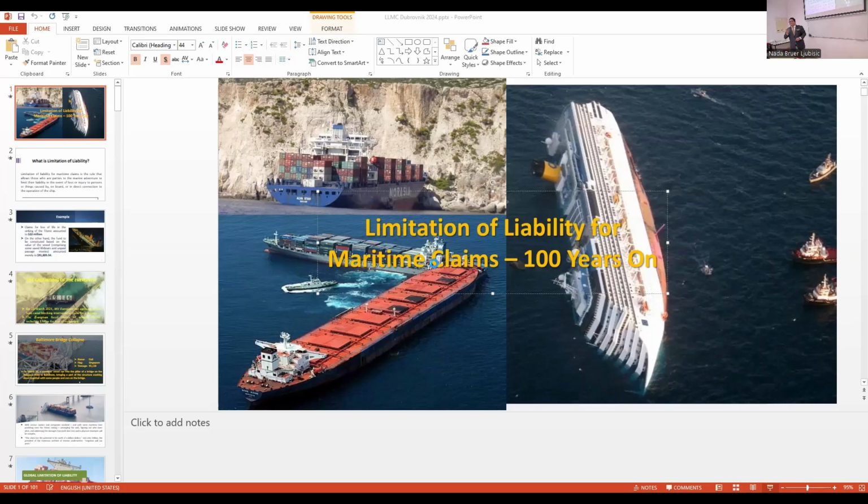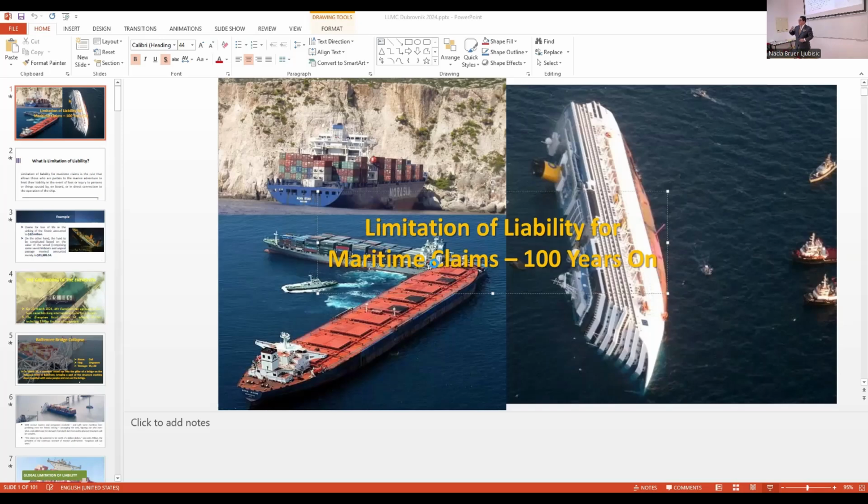Now, sometimes the fund for loss of life is not enough. So there is Article 6.2 that is known as the overspill provision. For lack of a better picture, I put this because when it overflows, it flows down to the next.